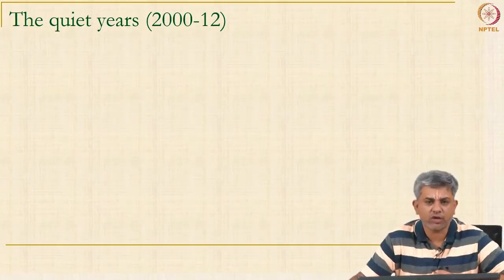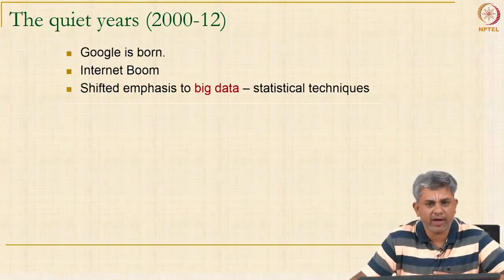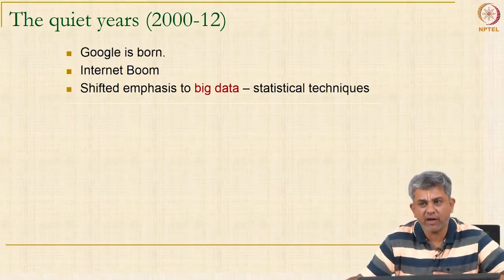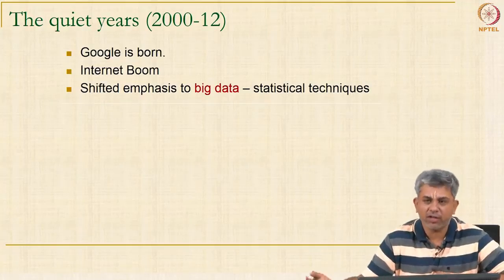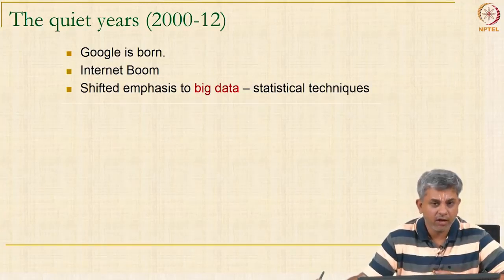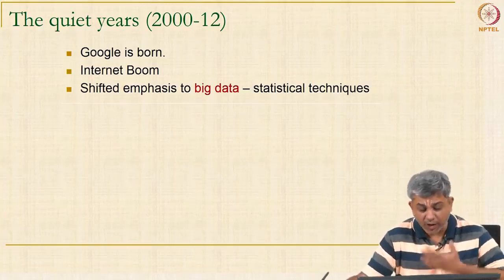So 2000 to 2012 I would call the quiet years, quiet in terms of artificial intelligence, but there were very significant developments. The company Google was born. Not only Google, there were several search engines. Of course, Google used it really well and came up with good algorithms for that.